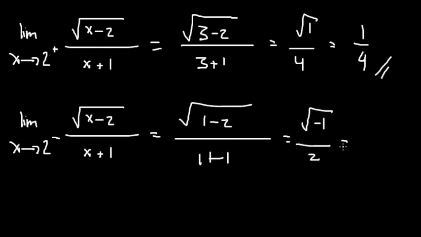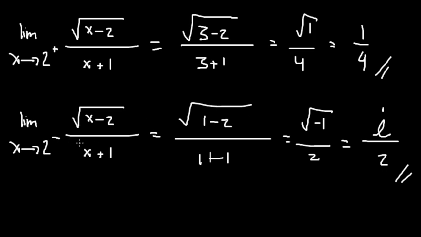So as we can see now, the limit is now the square root of negative 1, which is denoted as i, a complex number, an imaginary number, over 2. As we can see, the left hand limit of the function will always yield an i.